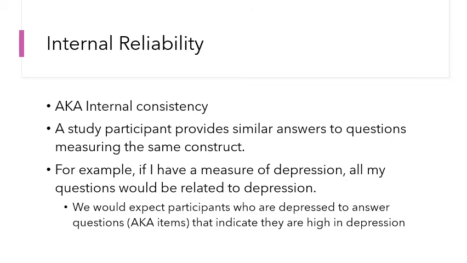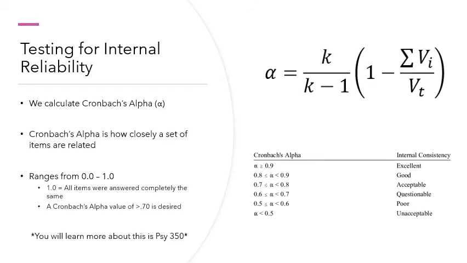So our participants should be answering in a way that indicates more or less depression. So we would expect participants who are depressed to answer questions, I often call these items, in a way that indicates they are higher in depression. I'm going to give you an example of how this works on the next slide. We test for this with internal reliability.